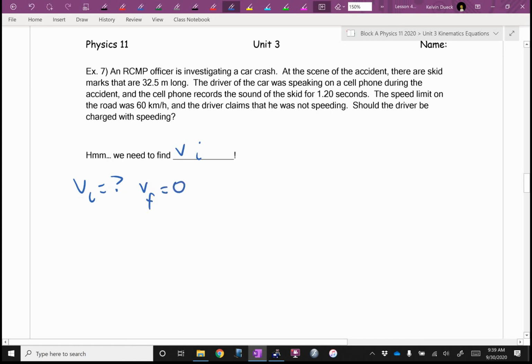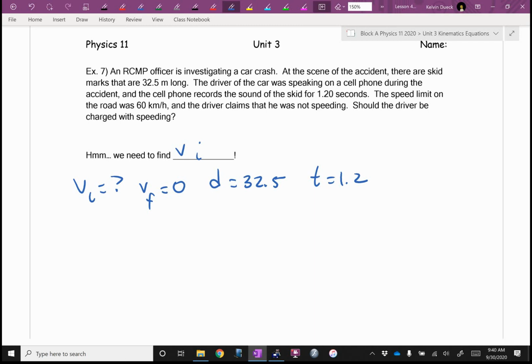What's that 32.5? What's that 1.2? What's that 60? I'm not going to use that. I'm going to solve for VI, and if it's bigger than 60, they get a ticket.